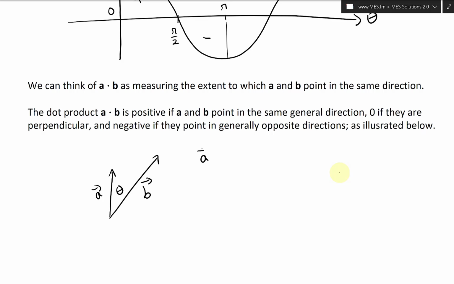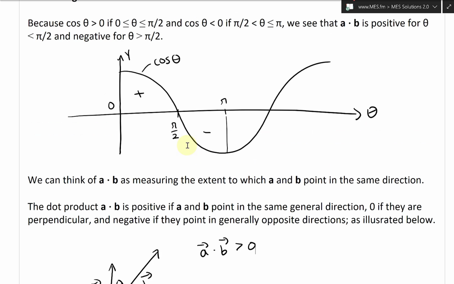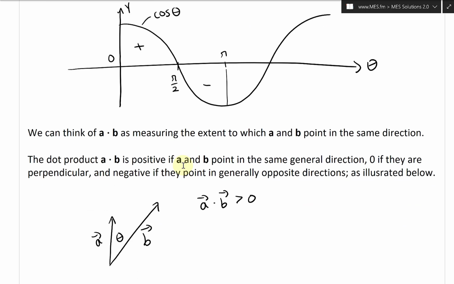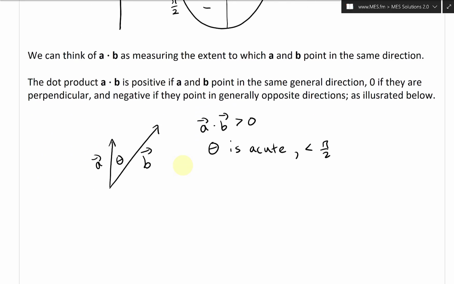Here A dot B would be greater than 0 because the angle is less than 90 degrees. In other words, theta is acute, or less than pi over 2.